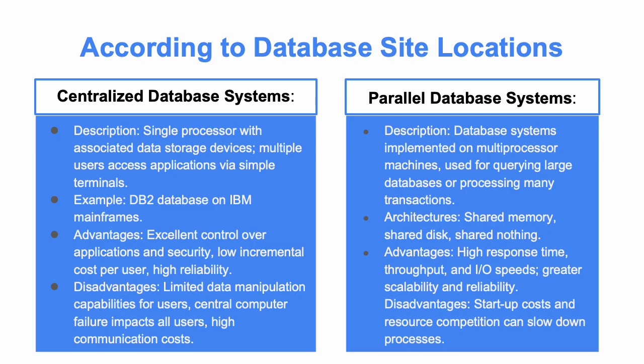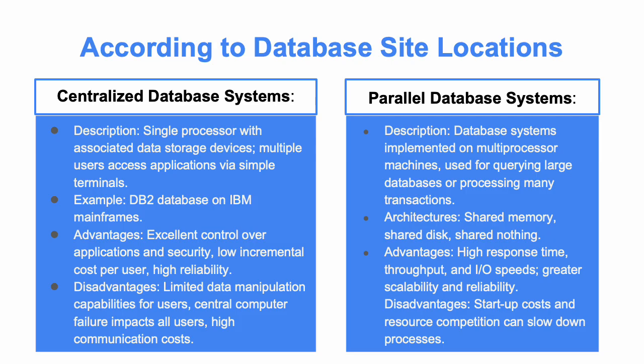And the advantages of the parallel database systems: it can handle a large database, so it's ideal for applications requiring queries on large databases or processing many transactions per second. It also has high response time, so it has quick responses to queries and transactions.